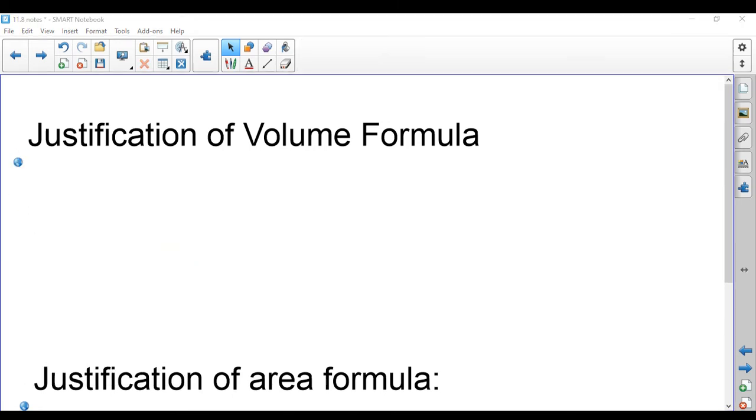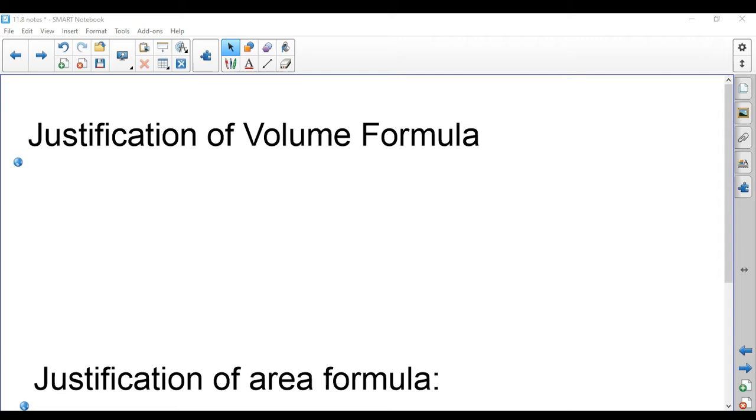So if we watch this video, what we see is a cone going down into a hemisphere. And if you look at it, the height of the cone is the same as the radius of the hemisphere, and the radius of the cone is the same as the radius of the hemisphere. And when the cone pushes into the hemisphere, it makes a cylinder.